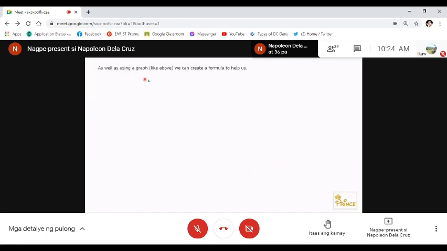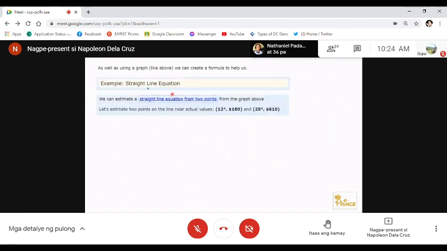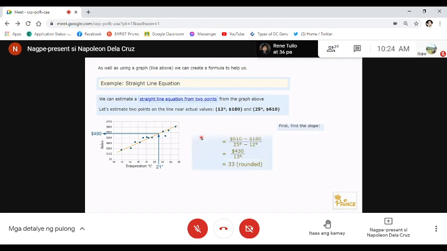As well as using the graph like above, we can create a formula to help us. Using the straight line, we already have discussed that before, the straight line method. What is the first thing that we have to solve in solving for the equation of the line? Because, of course, we have to have the slope. And we already have the formula for that.